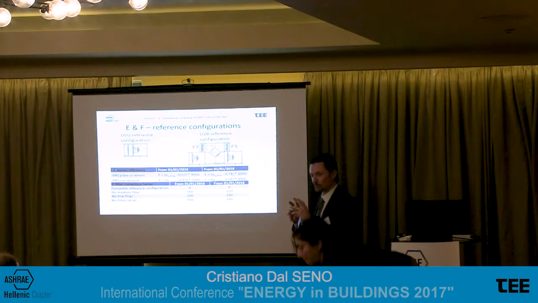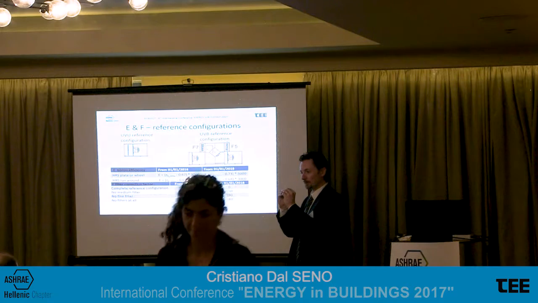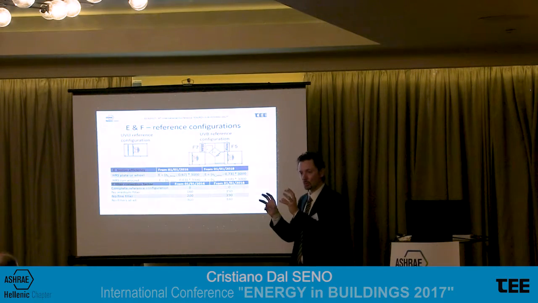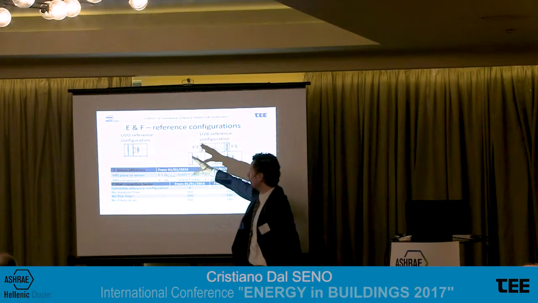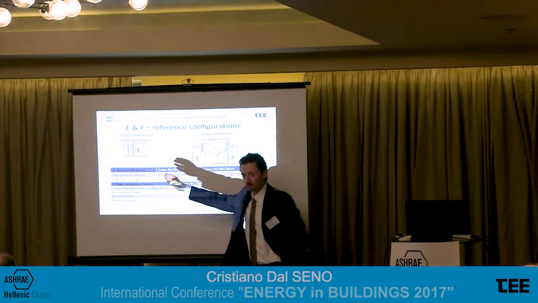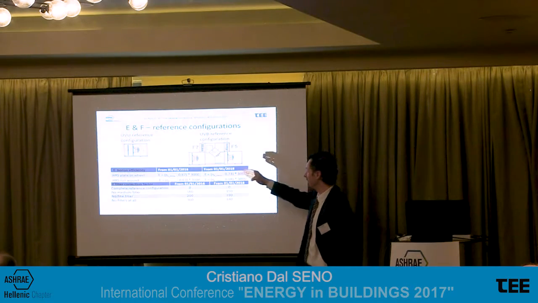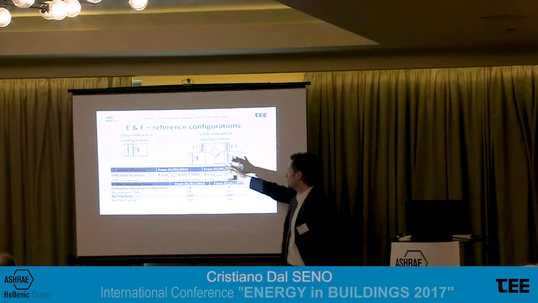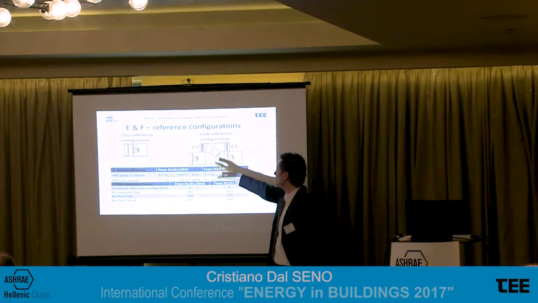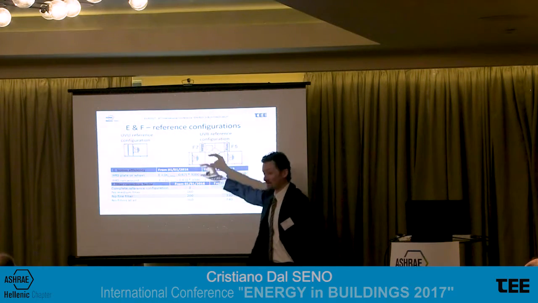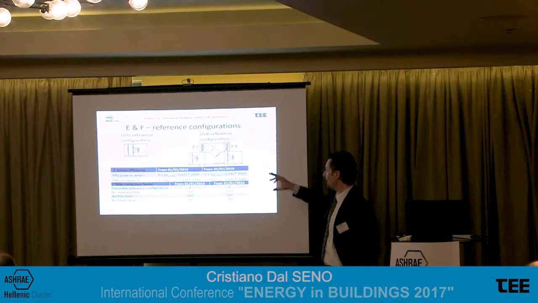They gave two general descriptions of what an air handling unit, unidirectional and bidirectional, should be. The unidirectional reference configuration has a fan and a filter. The bidirectional has two fans in a recovery system in between, and an F5 and F7 filter in between.